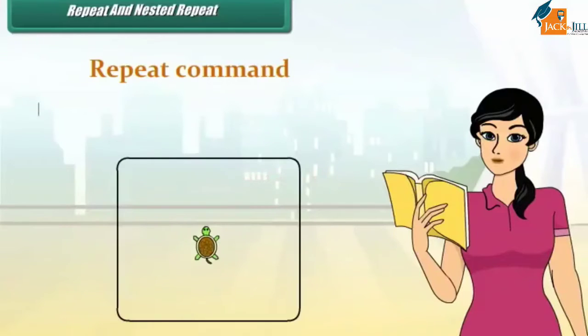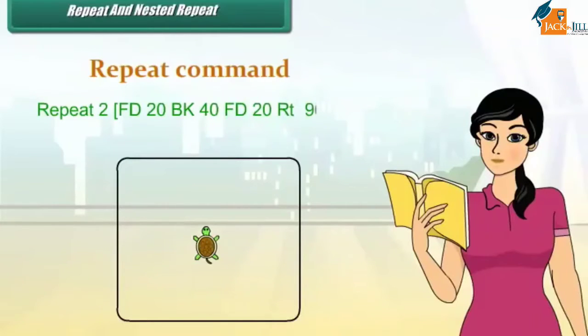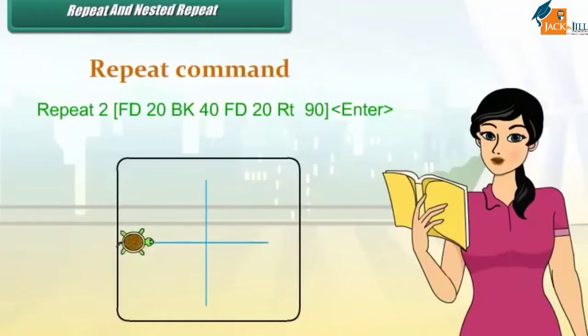So, to draw a plus sign, we can give the following command. Repeat space 2 space in a bracket FD 20, BK 40, FD 20, RT 90 and then press enter.